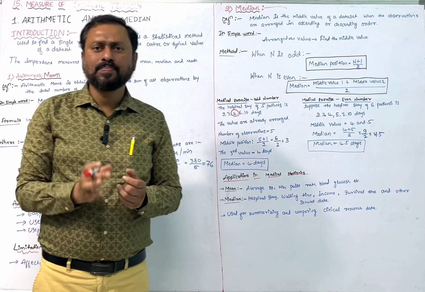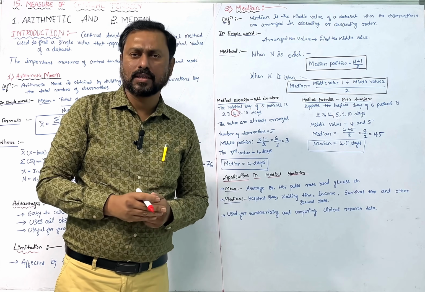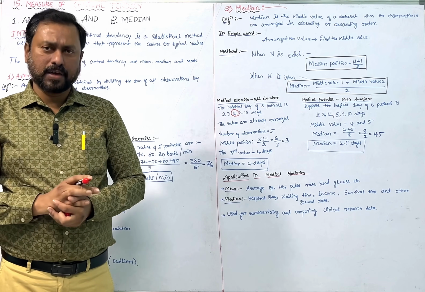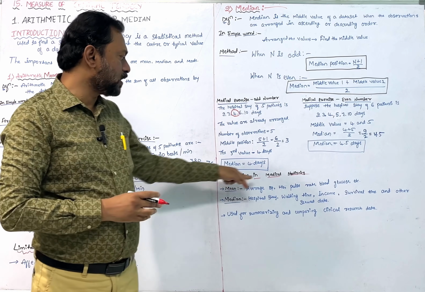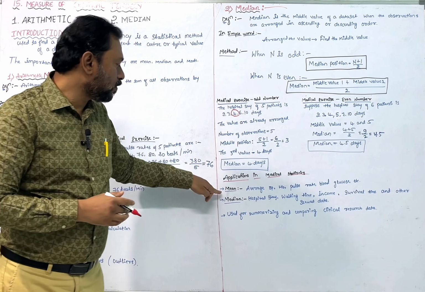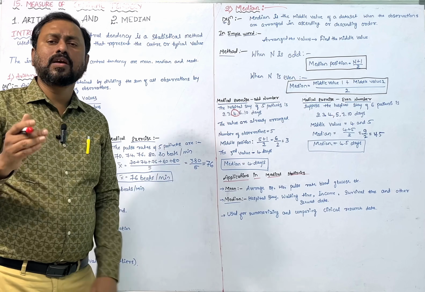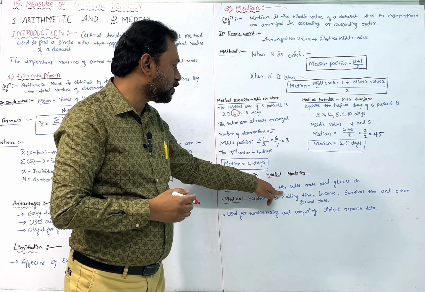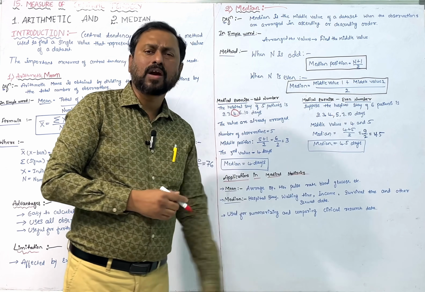Now lastly, where do we have to apply the mean and median we just studied? We will study the applications in medical statistics. The first is the mean. Commonly you know it is used for averages: the average of BP, average of HB, pulse rate, blood glucose level.